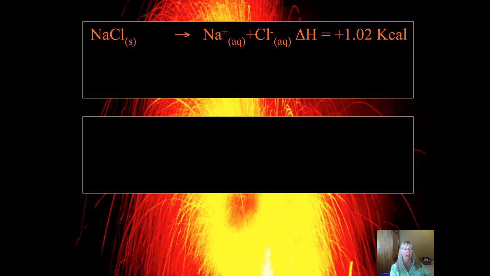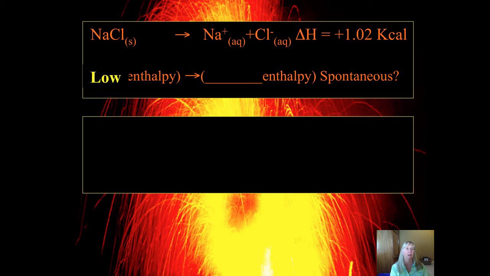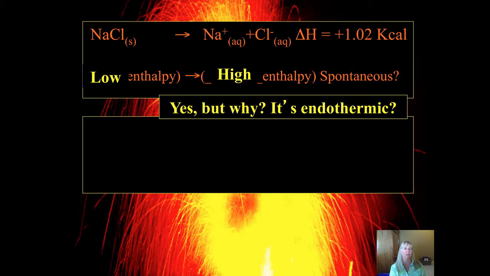That's because you're taking heat from the outside and putting it into the bonds of the products, and you go from a low enthalpy to a higher enthalpy. That's heat content. Usually that's not favorable, but your common sense tells you that even though this is endothermic, salt dissolves in water.